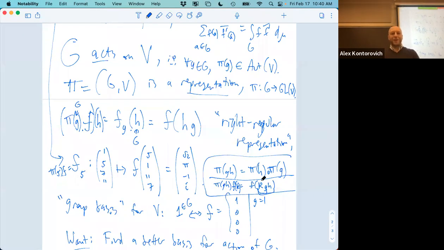If I did it the other way around, it would be H hitting K first, and then G hitting it. But it should be G going first, then H, because that's what's happening in the group. I want this to be multiplication on the right, and so therefore I'm defining this. Fine, let's stick to the right regular representation, because otherwise it's not a Hom, it's an anti-Hom. I want G to act first, and then H should act.